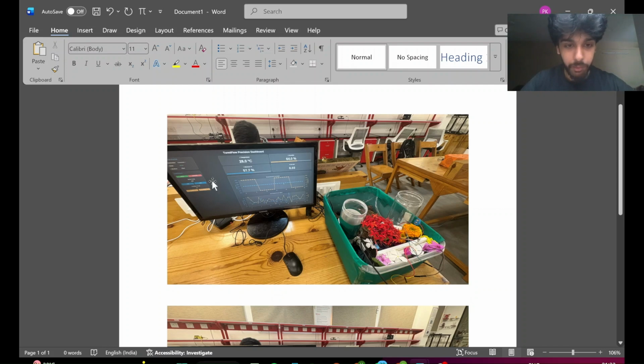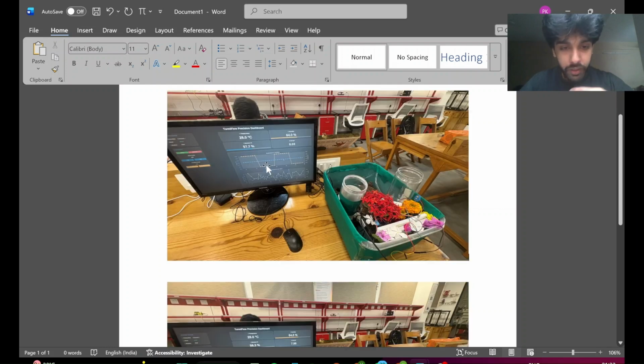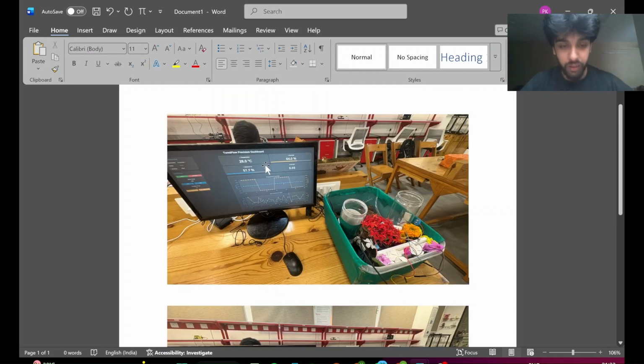You will exactly see this dashboard over here, because I have used system default functions to run my scripts. I have used three scripts which are run automatically by the system whenever the Raspberry Pi turns on.